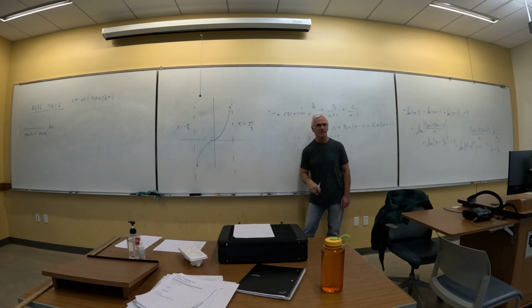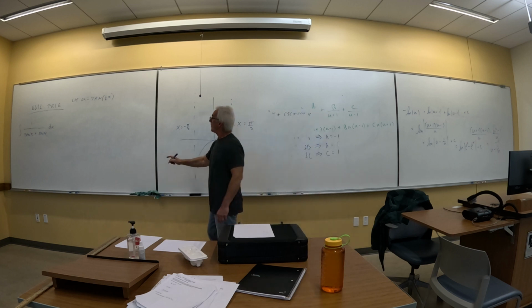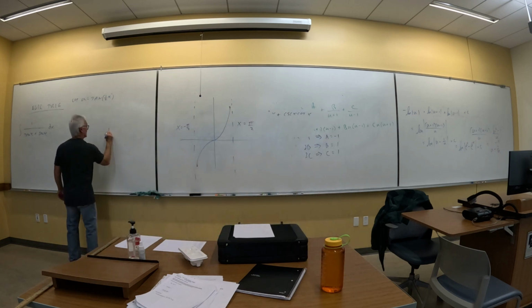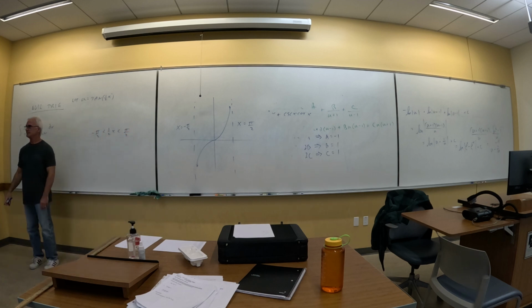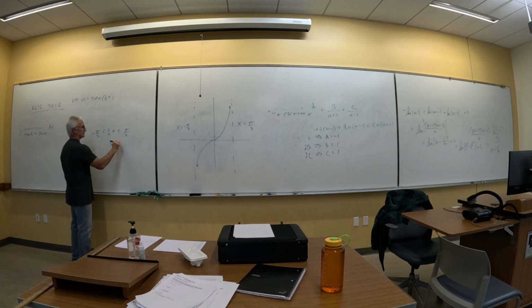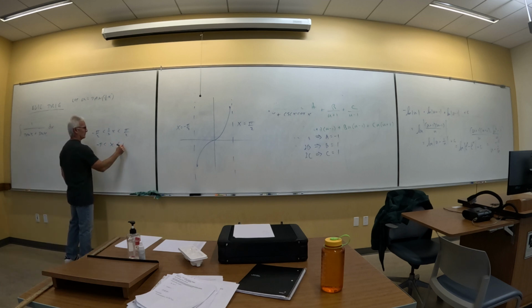We know what that looks like, right? From negative pi over 2 to pi over 2. So here's what we absolutely know. We know 1/2 x has to be between negative pi over 2 and pi over 2, correct? So therefore, what does x have to be between? Negative pi and pi.